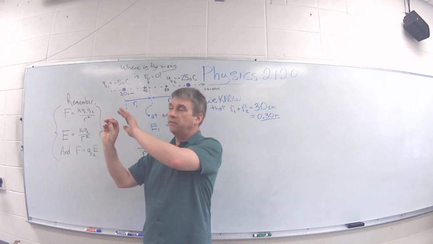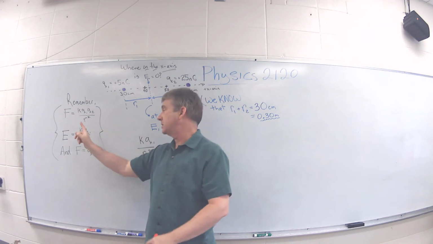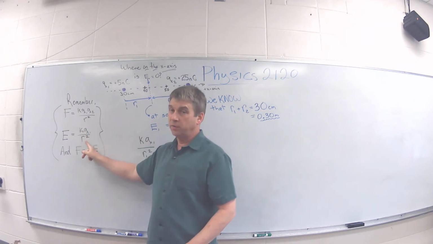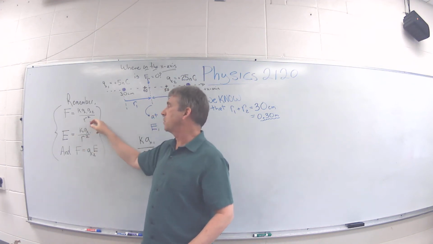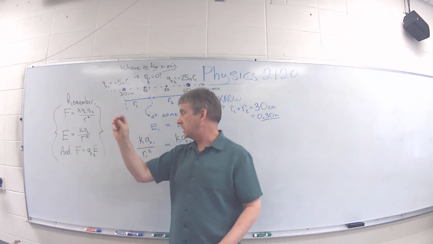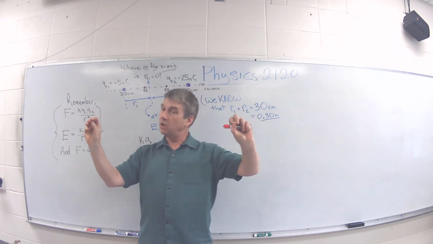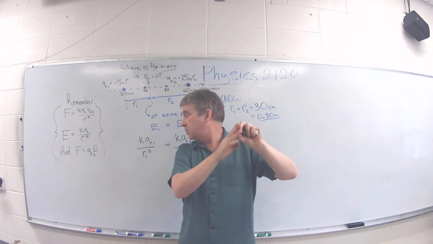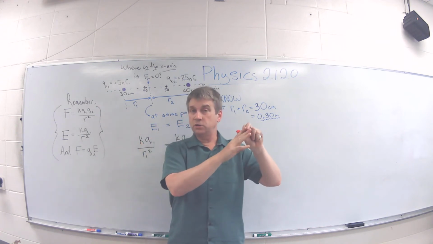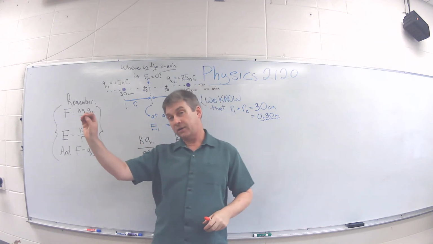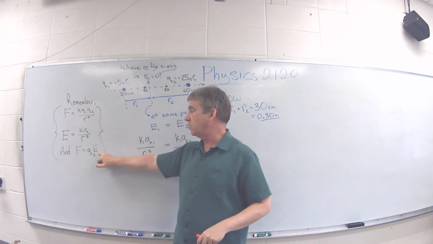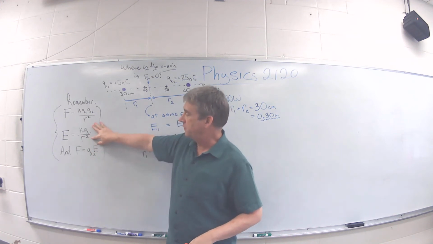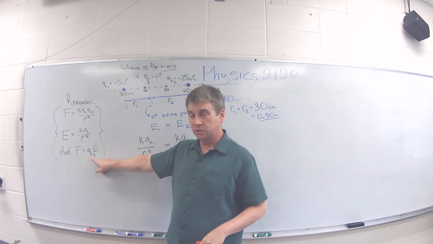And so the electric field created by charge 1 is KQ1 over r squared. It's the force equation with one of the charges taken out. And the force on charge 2 is going to be the charge 2 times the electric field created by charge 1. So this would be the electric field from charge 1 times charge 2.